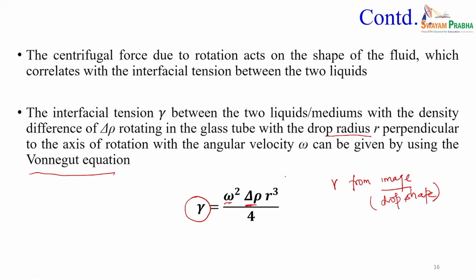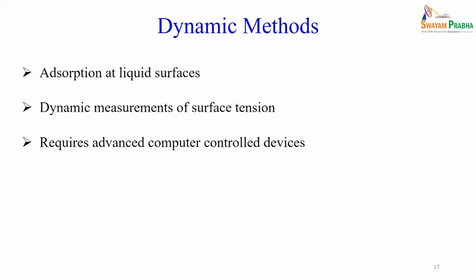So, this equation is also known as the Vonnegut equation. These were the three methods: hanging drop, sessile drop and the rotating drop. Now, next we will see the dynamic methods.